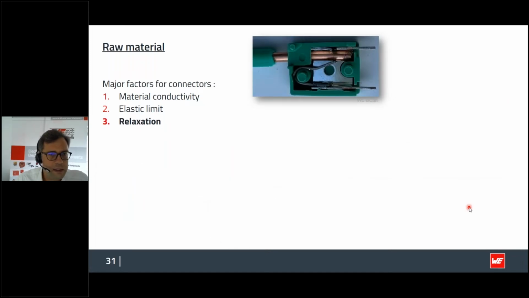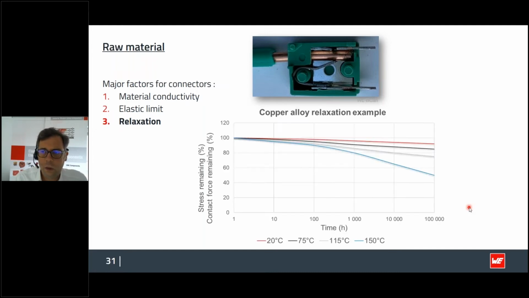Another aspect is linked to relaxation, also a topic which is not that well known. What is relaxation? If you think about contacts, that's a stamping and punching process where you create a certain shape of contact, and due to this shape that you want to have, the material wants to go back to the original shape.